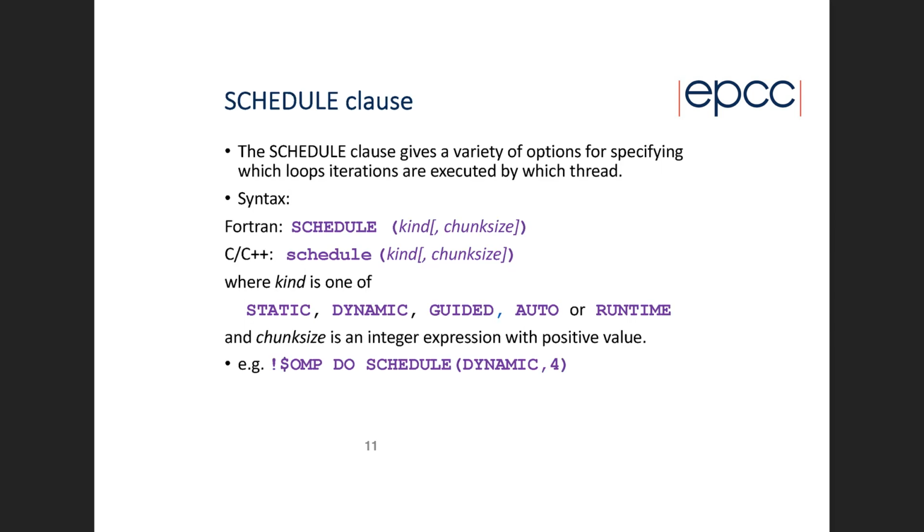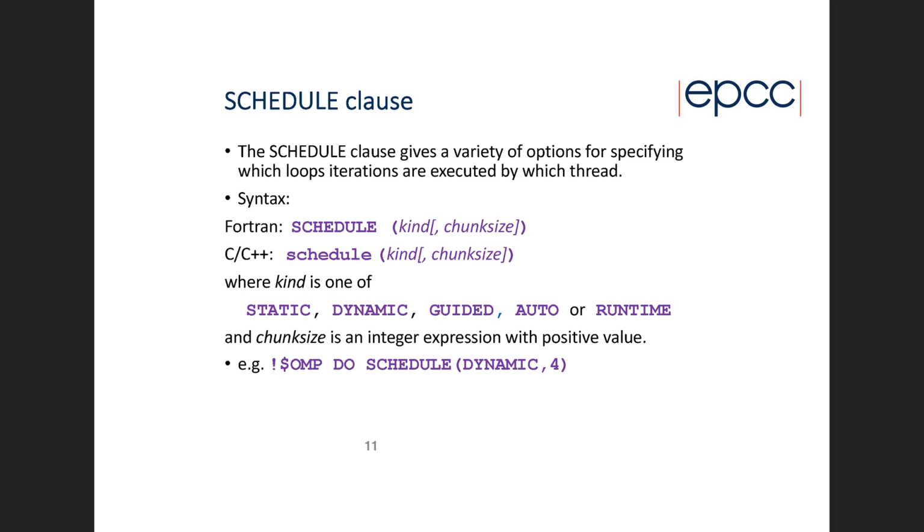However, if that's not the case, then we can use the schedule clause. That gives us a variety of options for specifying which loop iterations are executed by which thread. This is a clause which appears on the end of the do or for directive. So the syntax is schedule, and then a kind, and then possibly also a chunk size enclosed in braces.